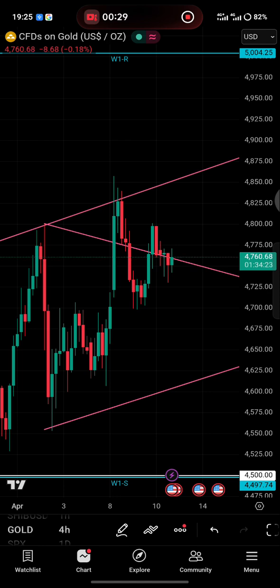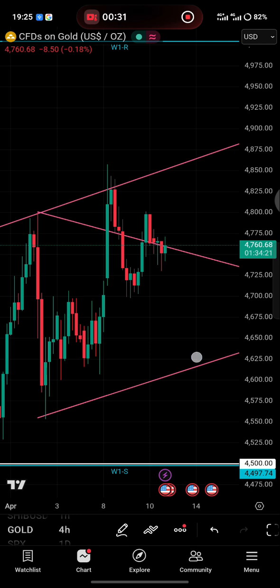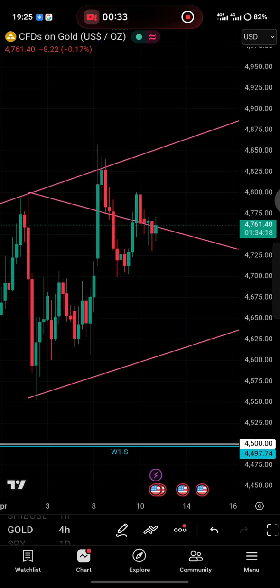Okay. So we'll be going through the 4 hours chart today first because, why is it? Because the 4 hours chart is the most optimized chart to enter a trade, based on reasoning that it is in the middle of all the time frames that were used by all kinds of traders to trade.